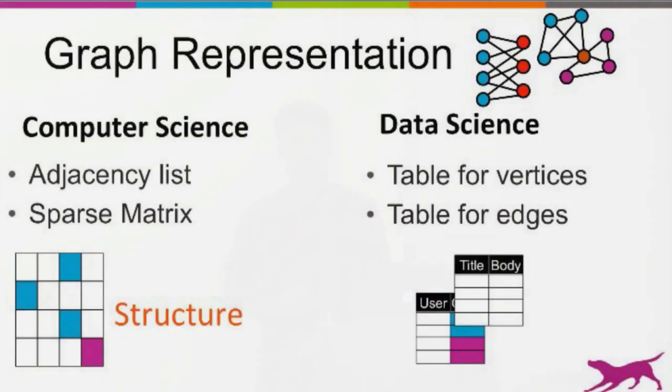This table can sit in SQL or in a pandas data frame or other representation, but abstractly it is a table. So the left-hand side is about the structure of the graph, while the right-hand side is the metadata part of the graph. And we want our representation to make tasks on the right-hand side much easier.